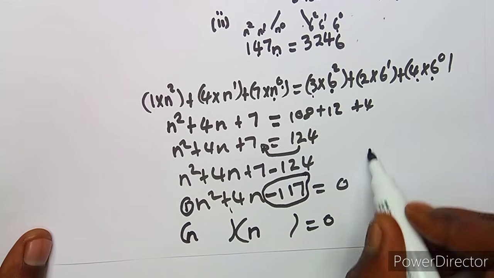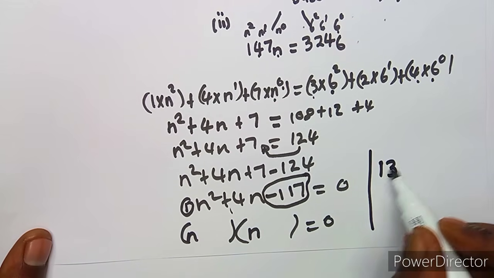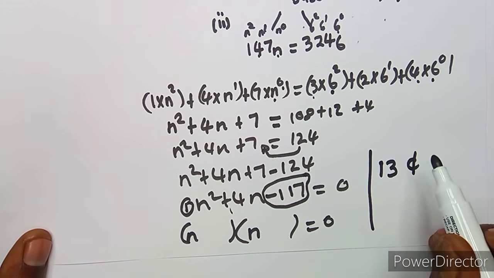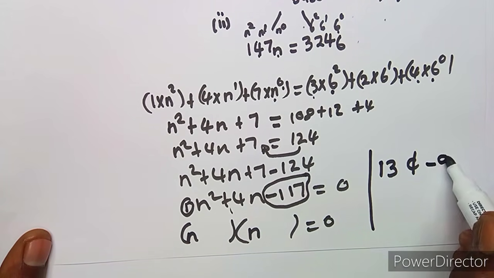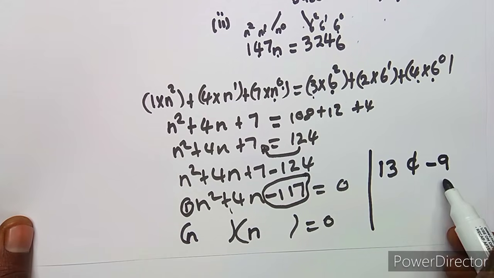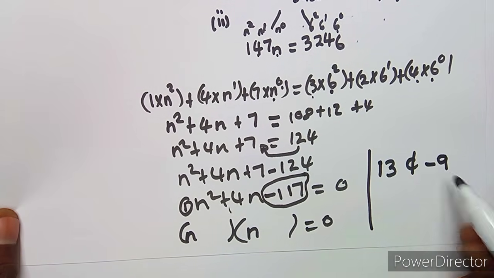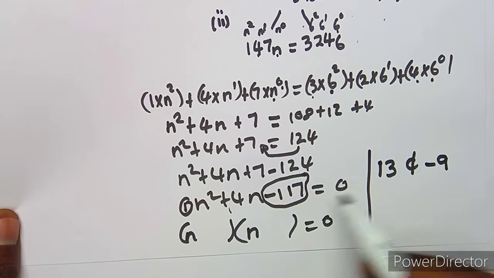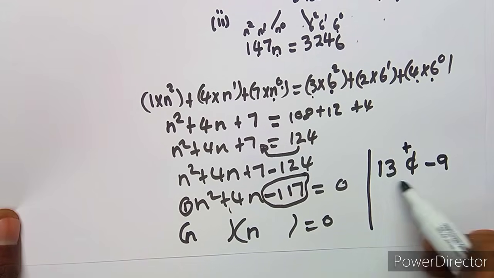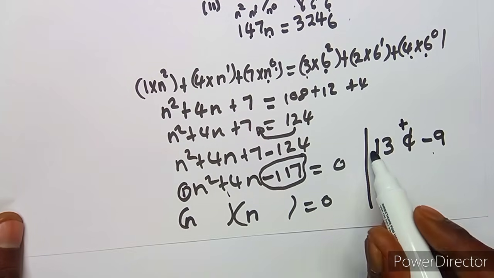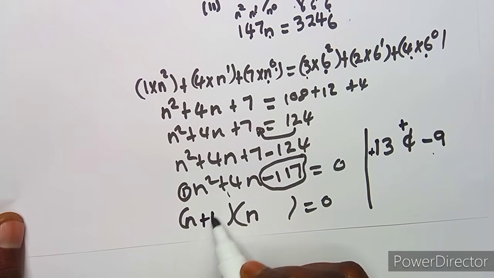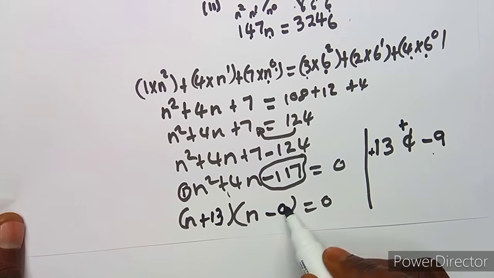We've got 13 and 9, but in order for us to get minus, it's going to be minus 9. So that's 13 and minus 9. 13 times minus 9 is minus 117, and 13 plus minus 9 is 13 minus 9, which gives us 4. So you've got plus 13 in one bracket and minus 9 in the other.